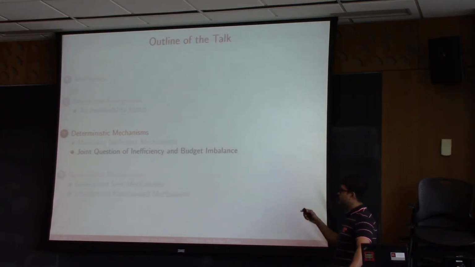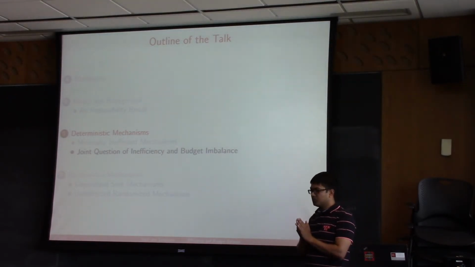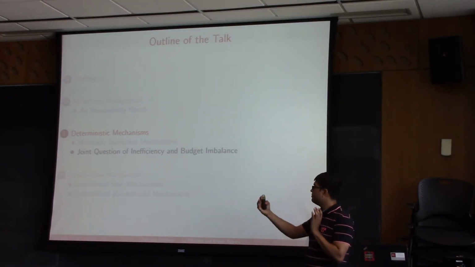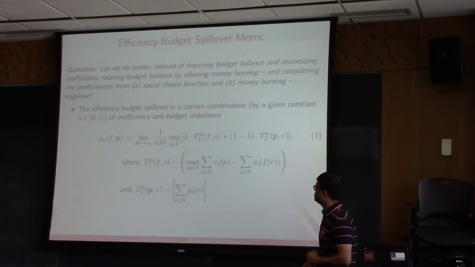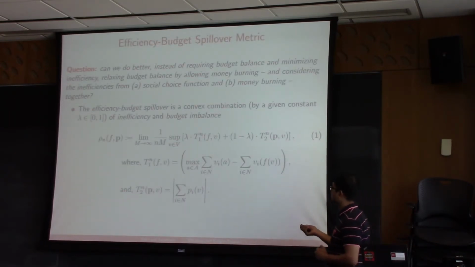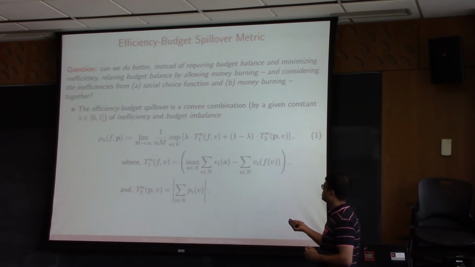So in the second part of the deterministic mechanisms, we look at the joint problem of inefficiency and budget imbalance together. Let me get into the expression which explains it. Earlier I was just looking at the inefficiency term.